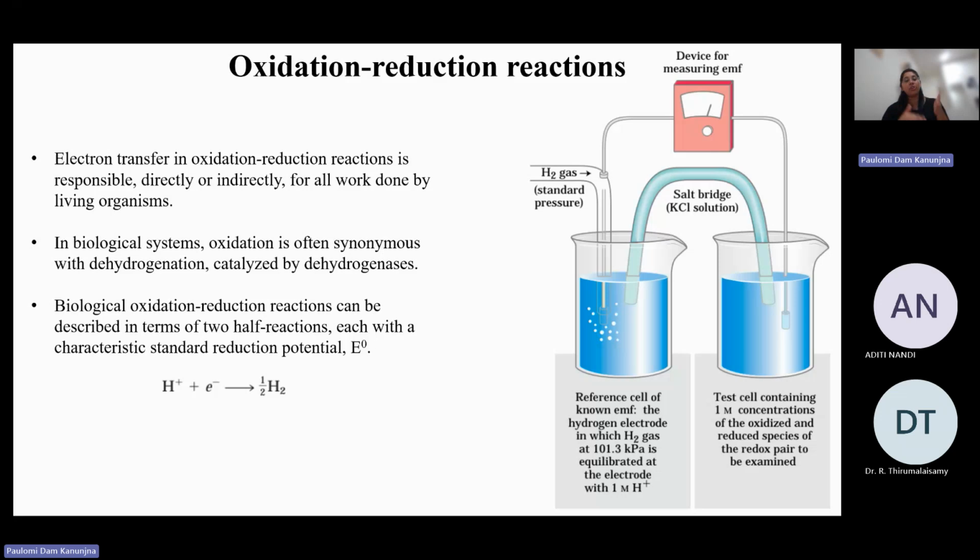And whenever there is oxidation, there is a reduction. So there is a simultaneous reaction taking place. There are two half reactions, and those half reactions constitute the overall reaction. So in general, whenever you're looking at a biological oxidation reduction reaction, you can describe it in two half reactions and look at their standard reduction potential.